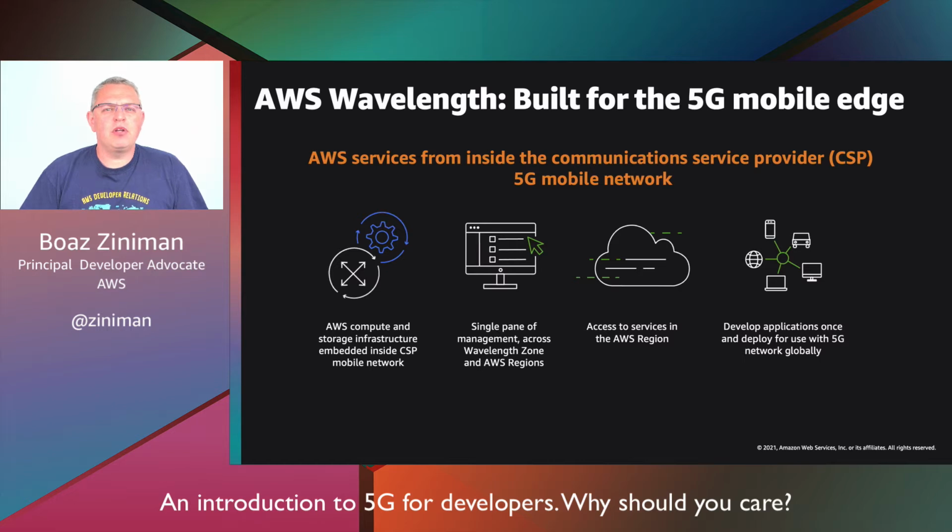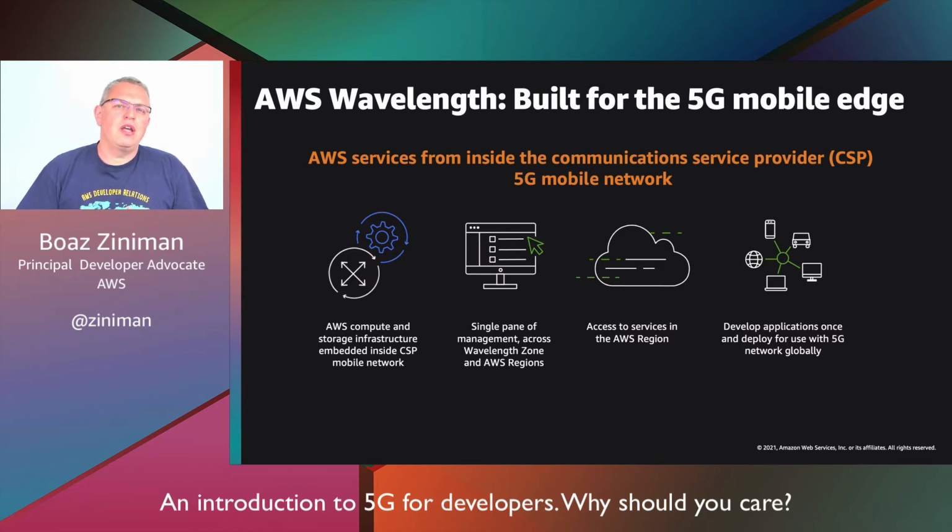Wavelength is AWS infrastructure that is located and installed in a physical site that is part of the communication service provider network. A CSP network, as we mentioned earlier, has physical locations such as cell towers that are connected with traffic aggregation points at metro levels. Wavelength Zones are installed at these metro aggregation sites.